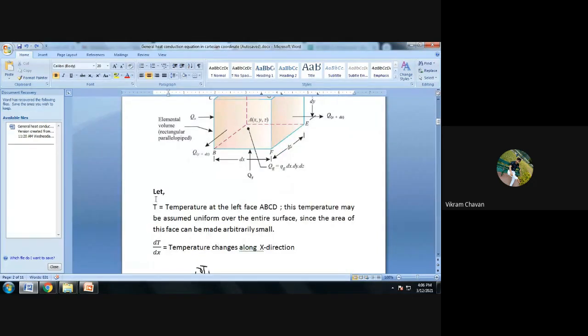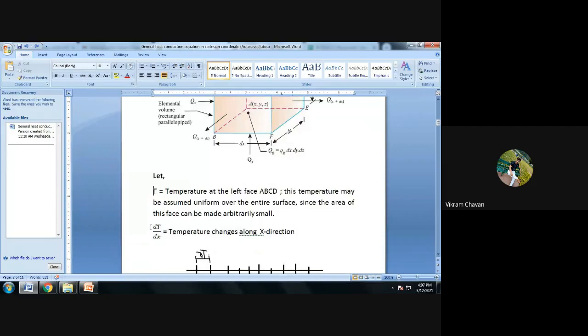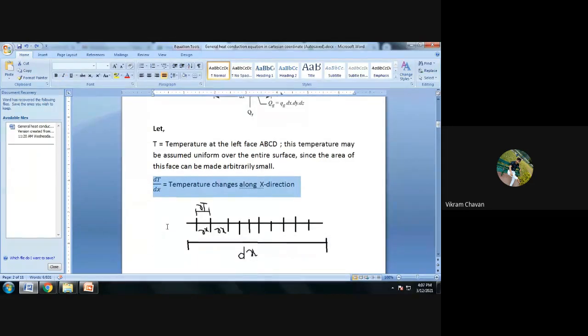Further, we have considered the temperature T on the face ABC. Then the total change in temperature over the distance dx is a small increment.